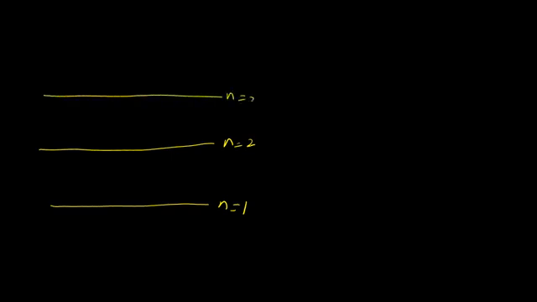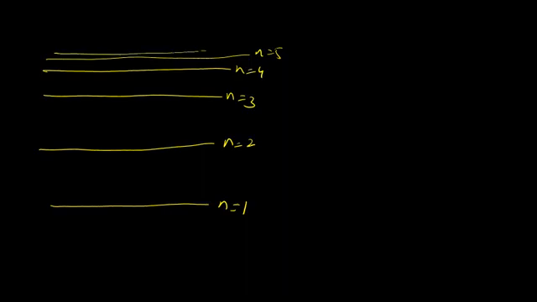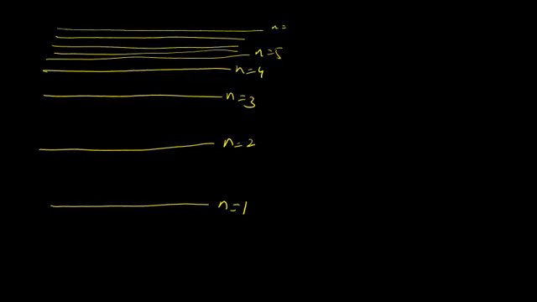Here n represents the different states: n equals 1, then n equals 2, n equals 3, 4, then n equals 5, 6, and then we come to the continuum states, up to n equals infinity.